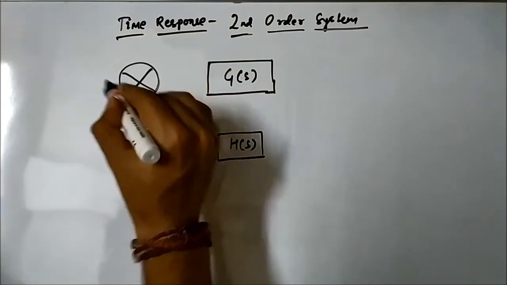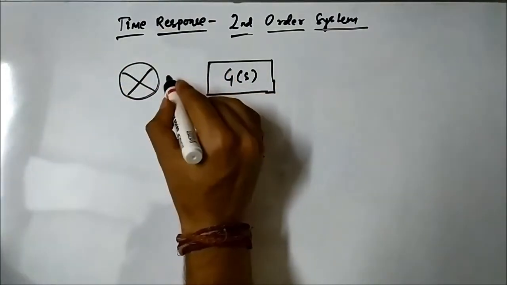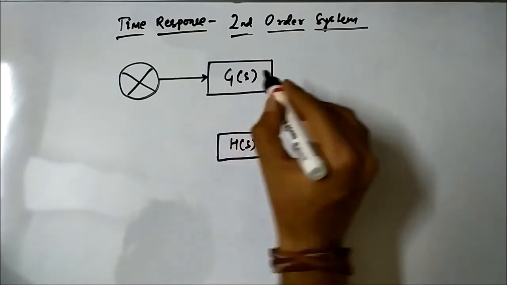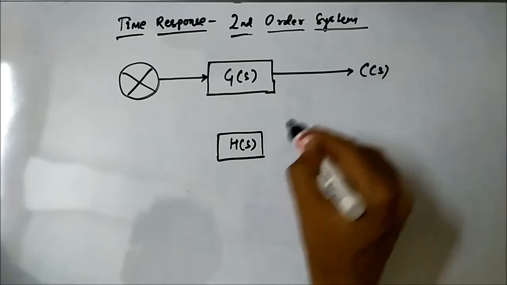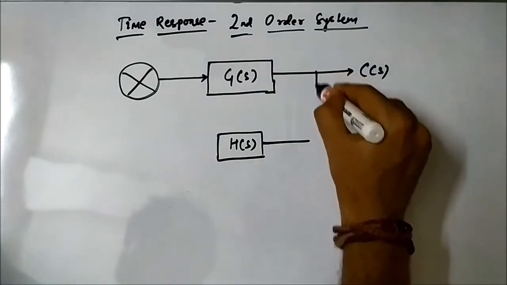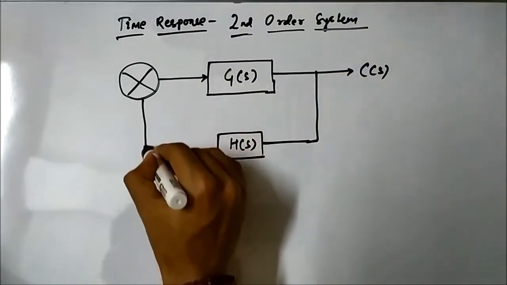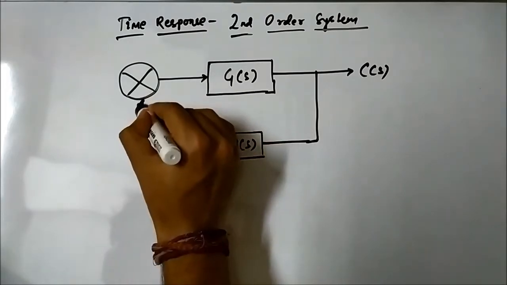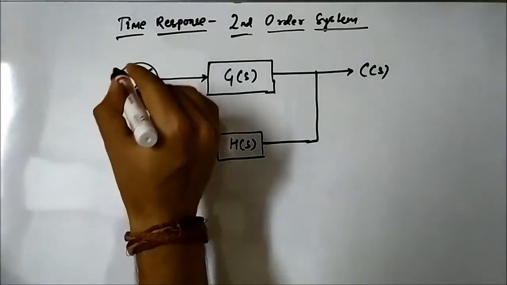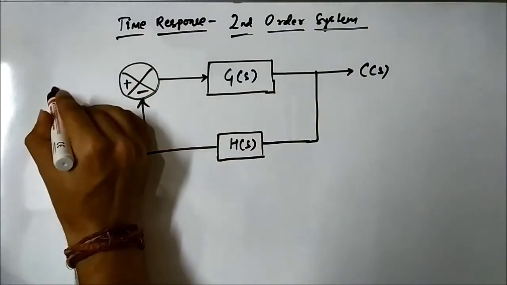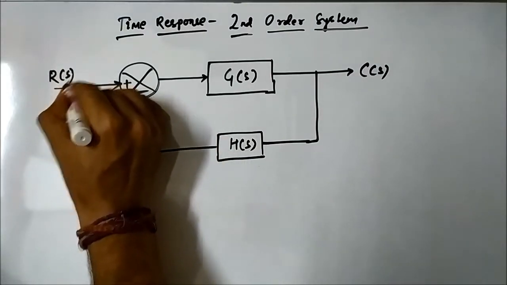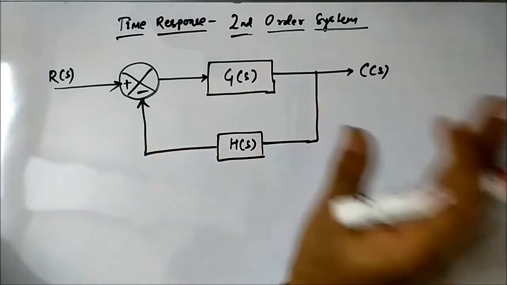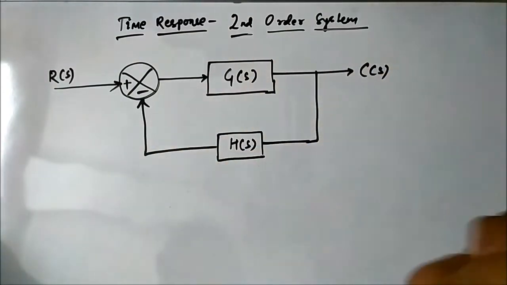This is the summing block, this is the output, feedback, negative feedback is always used, and here is the input in the S domain. So this is the basic design.